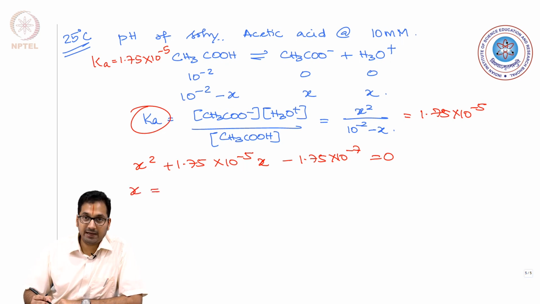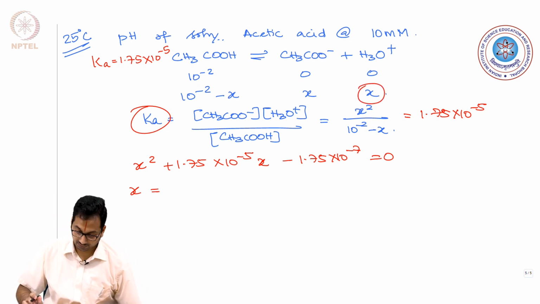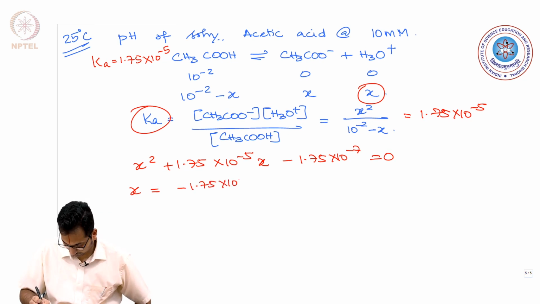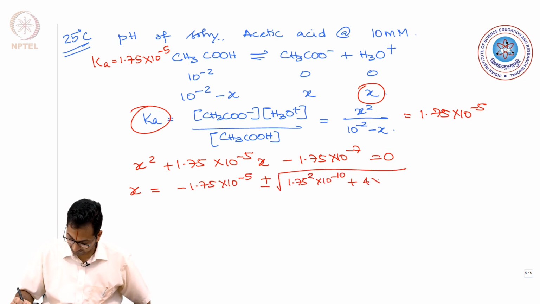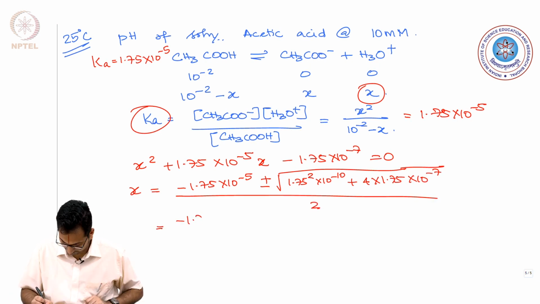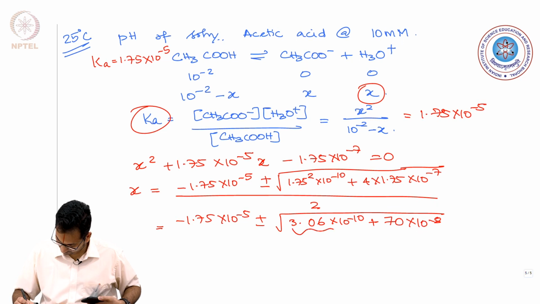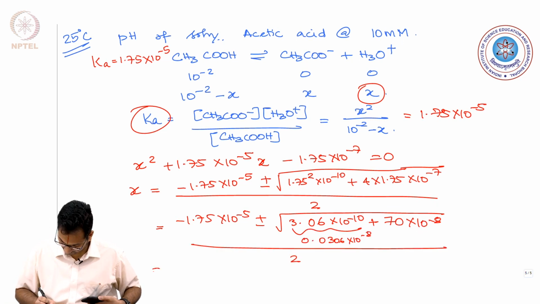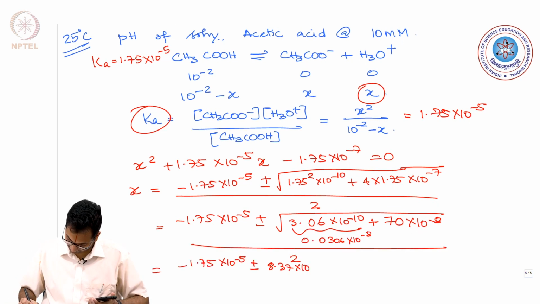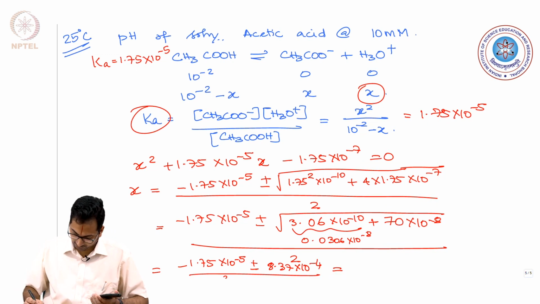Why are we trying to determine x? Because x determines what is the pH of this solution. Once again, we are only going to take the plus solution, not the minus solution.